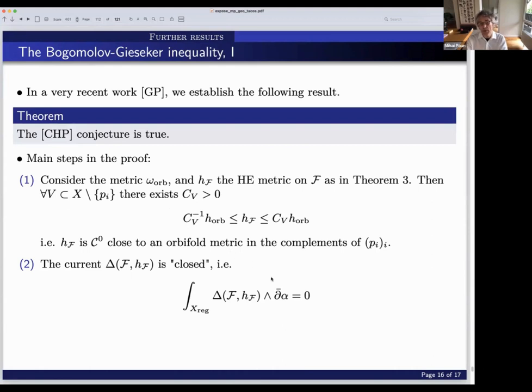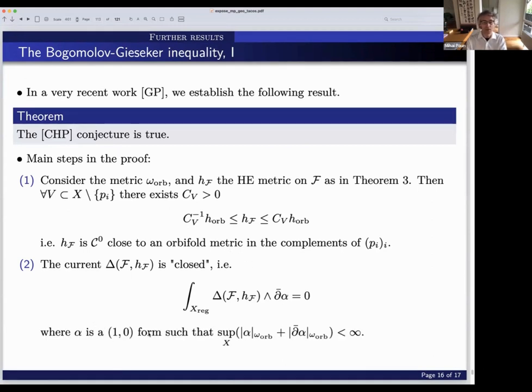So this would be closed if I can do this for every alpha, but actually in our situation we have to impose that the supremum of alpha with respect to the metric we have at hand, and of its d-bar, is finite. Here it should be not X, but X regular, so that this integral makes sense at least.